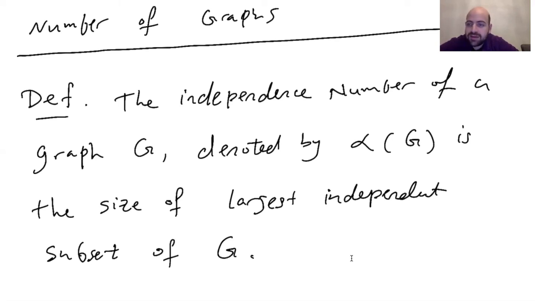So if you have an independent set in G, that means a set of vertices where none of them are connected to each other with an edge. The size of the largest independent set is called the independence number and denoted by alpha of G.